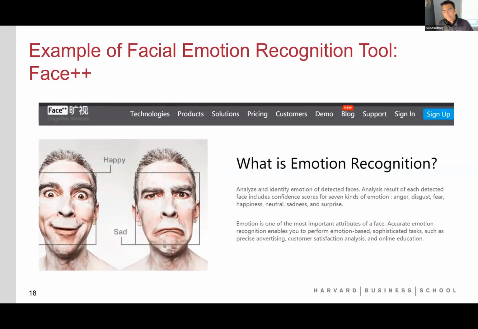And if you're asking me what are the factors or the variables used to predict whether you're happy or sad, it's things like the curvature of the lips or how large your mouth is.